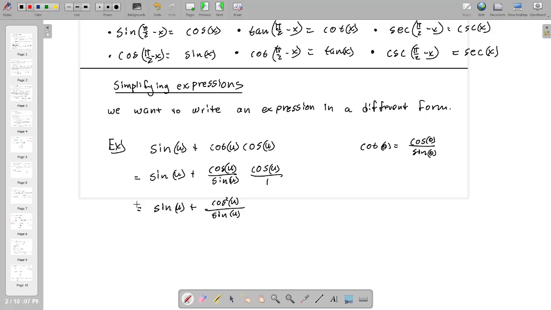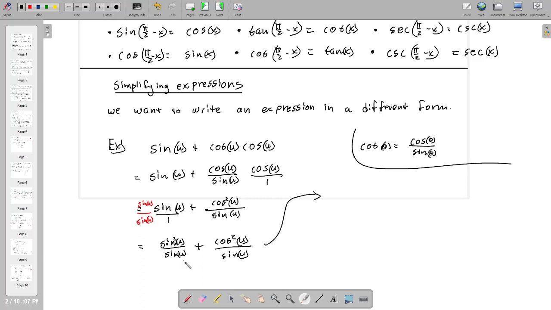So we multiply by sine of u over sine of u. And remember that sine of u is divided by 1. So when we do that, we end up with sine squared u over sine of u plus cosine squared u divided by sine u. Now, I can combine them because I have a common denominator. So we end up with sine squared u plus cosine squared u divided by sine of u.